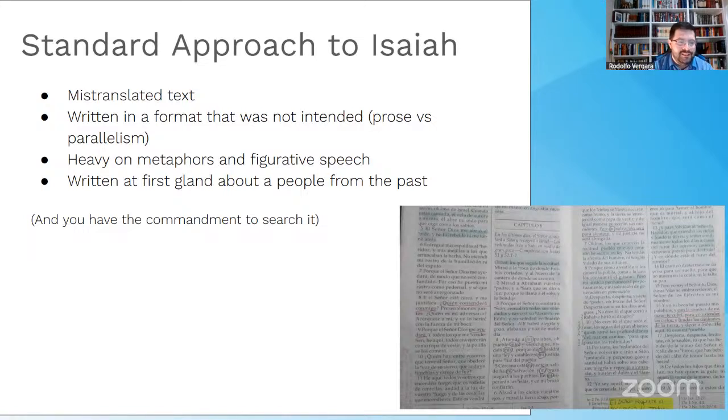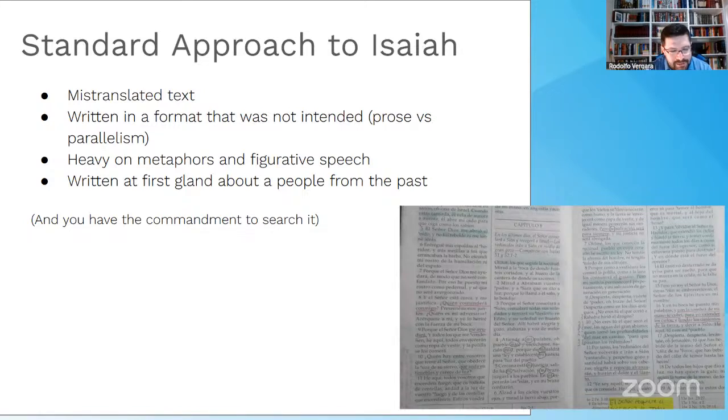So this is probably the most standard approach, that we have a mistranslated text in the King James Bible. We will talk about that next week, why that is mistranslations, and not that we're calling out anything more than, yeah, it is what it is. We have texts that sometimes apply much of what is called Christology.